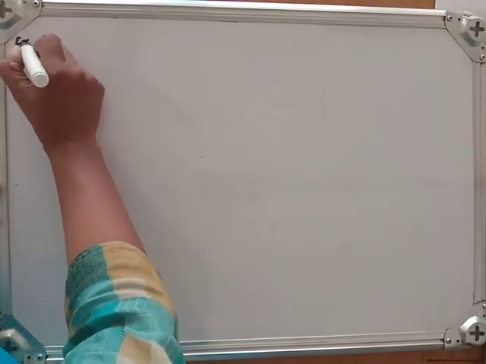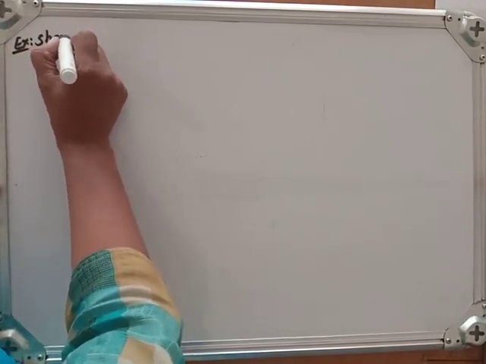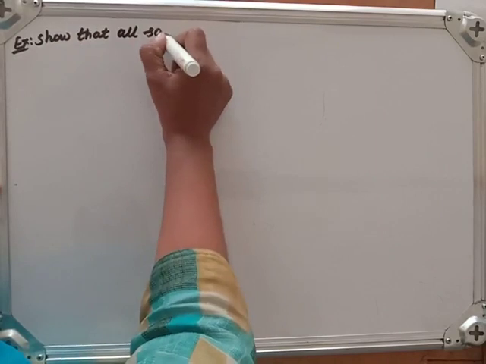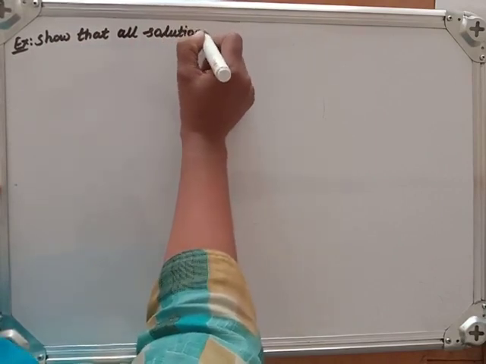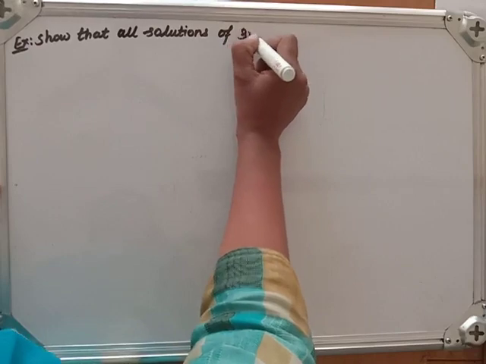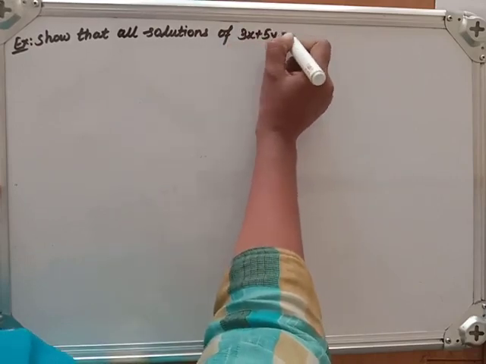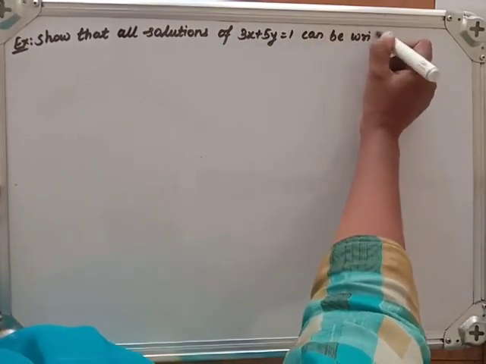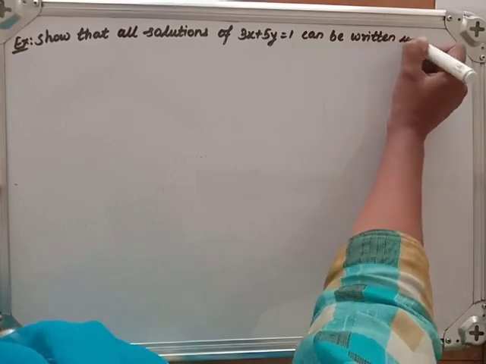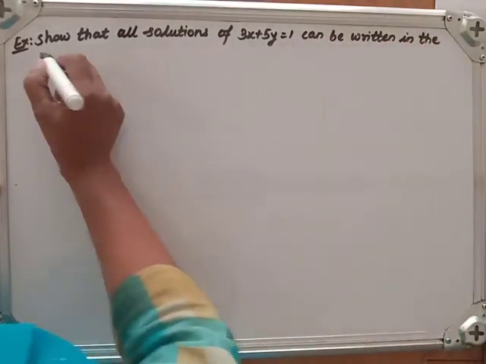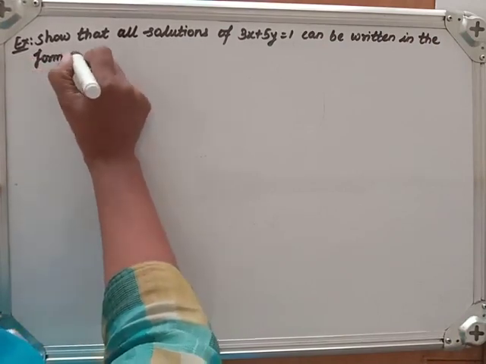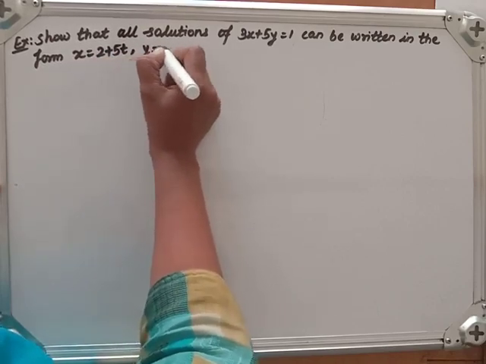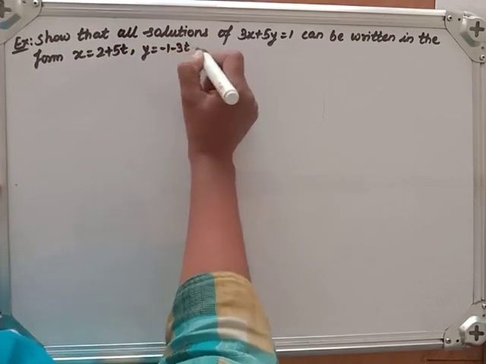Example: show that all solutions of 3x plus 5y is equal to 1 can be written in the form x equal to 2 plus 5t, y equal to minus 1 minus 3t.